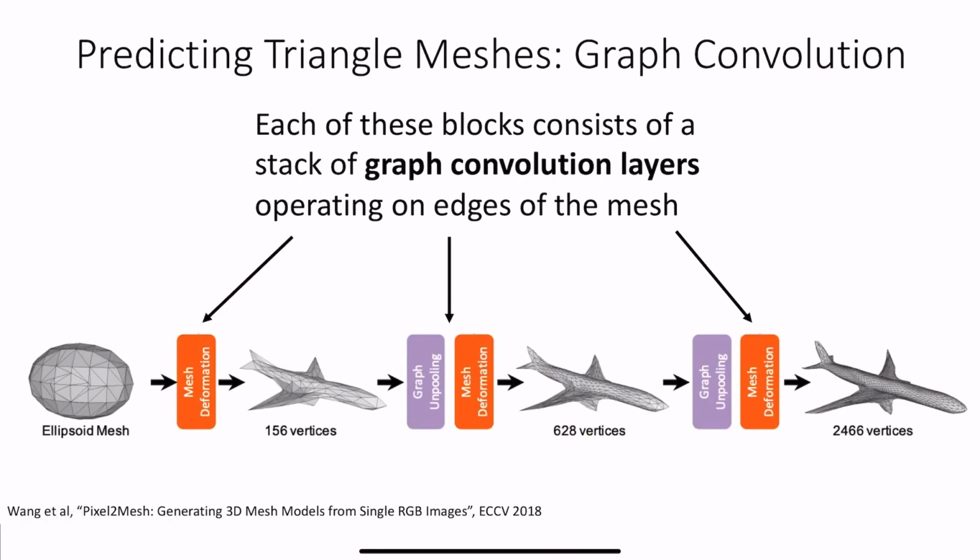So in other words, each of these three blocks consists of a stack of graph convolution layers operating on the edges of the meshes, which edges, or just the vertices, right? The vertices on the meshes.